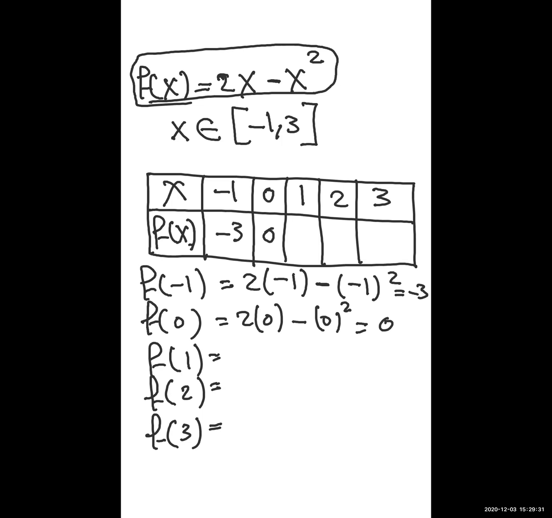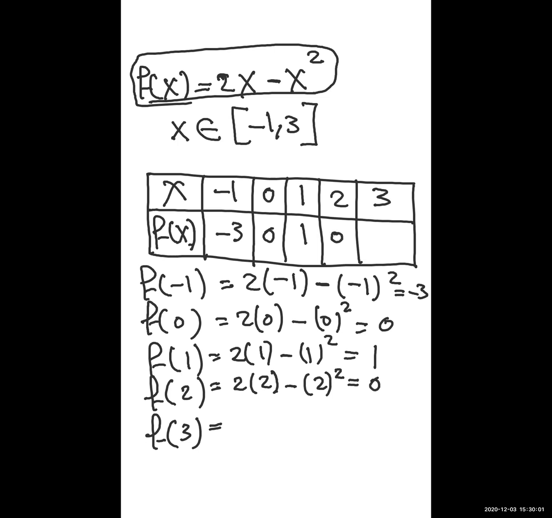Okay, then the next one, f of 1 will equal 2 times 1 minus 1 squared, x squared. So it will equal 2 minus 1 squared means 1. So 2 minus 1 will equal 1. So here 1. F of 2 means 2 times 2 minus x squared, which is 2 squared. So 4 minus 4, which will equal 0. So here also 0.